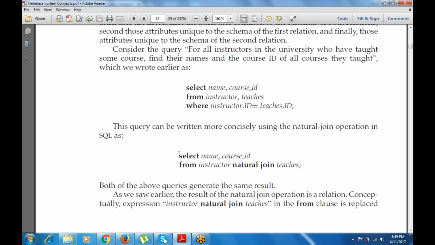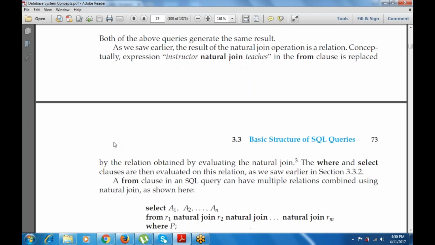And as we saw earlier, the result of the natural join operation is a relation. Conceptually, instructor natural join teaches replaces the from clause, and the relation is obtained by evaluating the natural join.